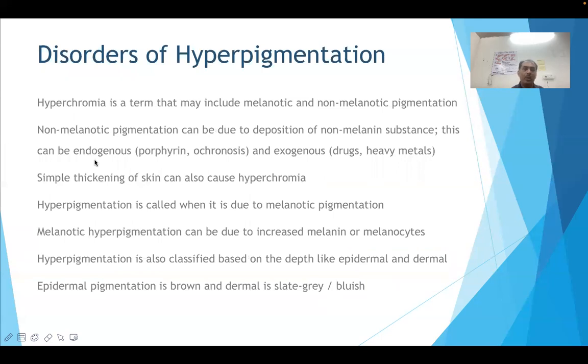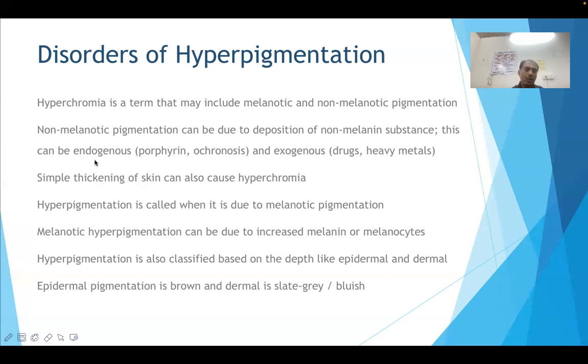Now coming to disorders of hyperpigmentation. This hyperpigmentation can be melanotic or non-melanotic. The non-melanotic hyperpigmentation results from the deposition of non-melanin substances which can be endogenous, such as porphyrins, and can be exogenous, such as drugs and heavy metals. Even simple thickening of the skin can lead to hyperchromia, which is seen in acanthosis.